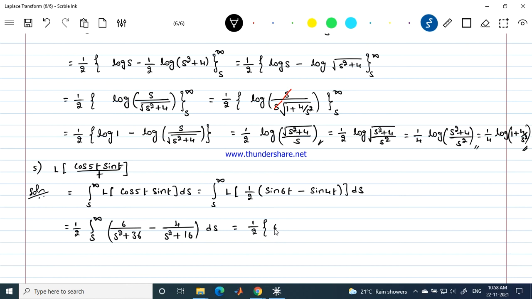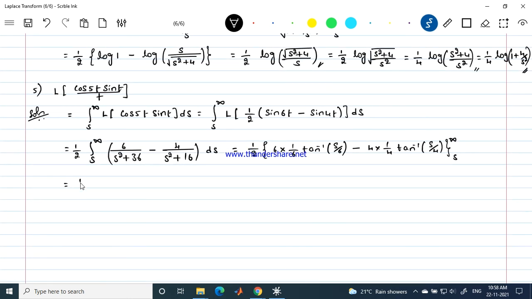We know this becomes 6 into 1 by 6 tan inverse of s by 6, minus 4 into 1 by 4 tan inverse of s by 4, between the limits s and infinity.